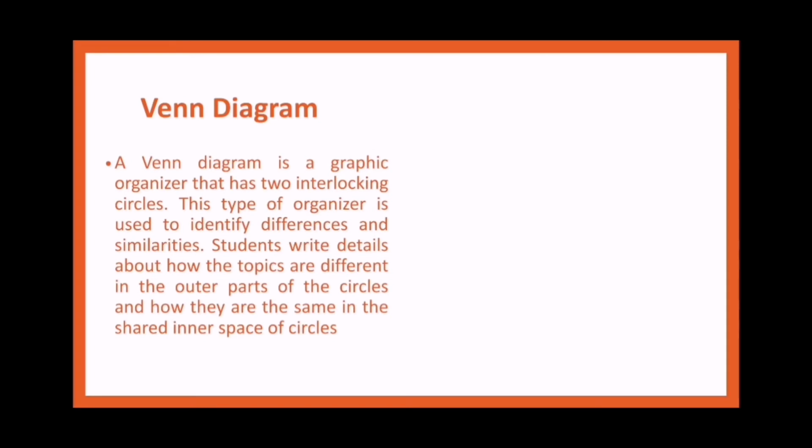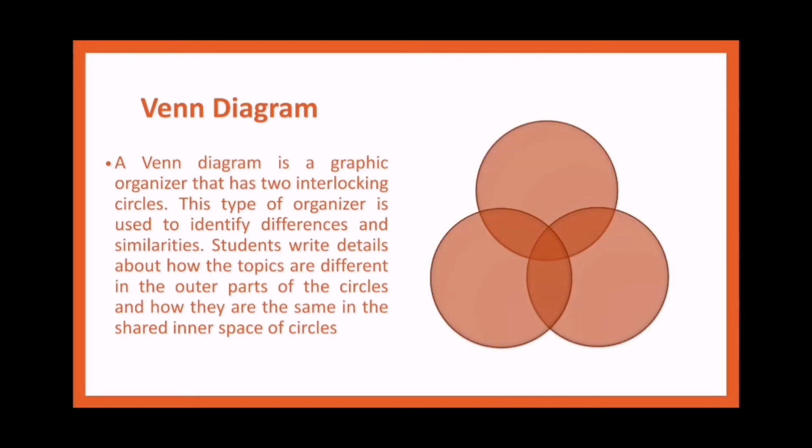So this type of organizer is used to identify differences and similarities. It is composed of 2 or 3 circles. The outside part of the circle shows the differences, while the inner part shows the similarities.